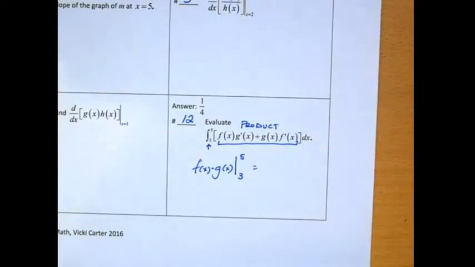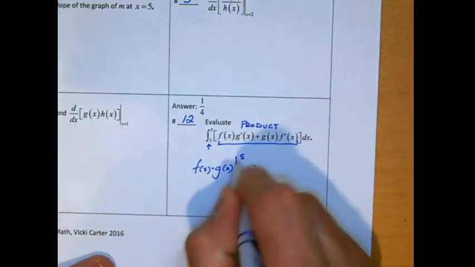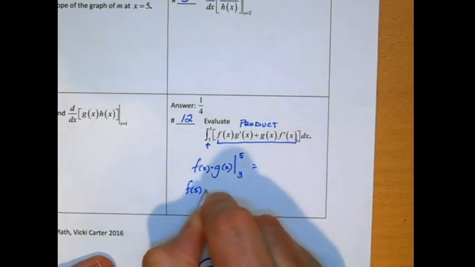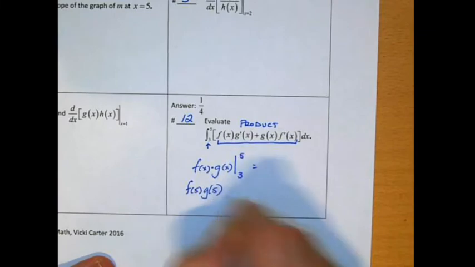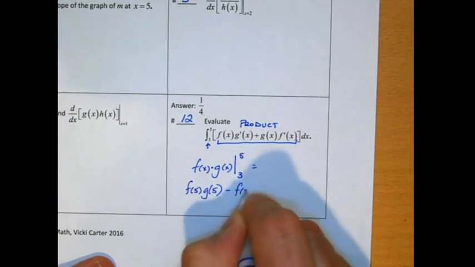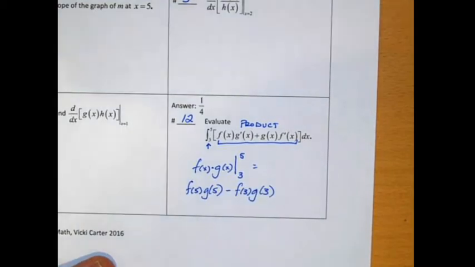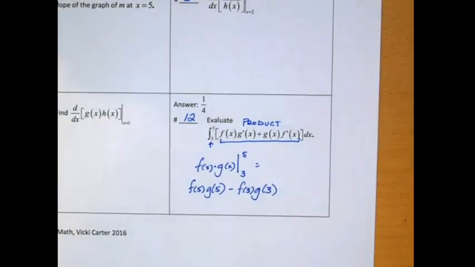So when we multiply those two together, and we're using the definite integral, we're going to do f of 5 times g of 5, and then subtract f of 3 times g of 3. Okay, so you're going to find what f of 5, g of 5, f of 3, and g of 3 are, and then that should come out to be, I think, 18 minus 5e is what I got. So we're going to go to another one here in just a second.